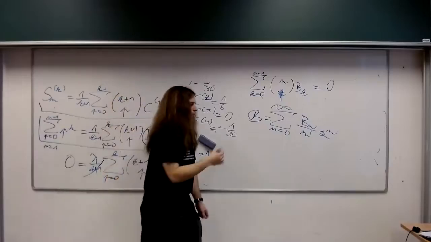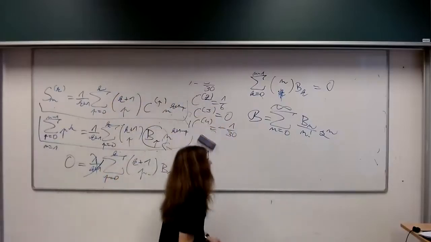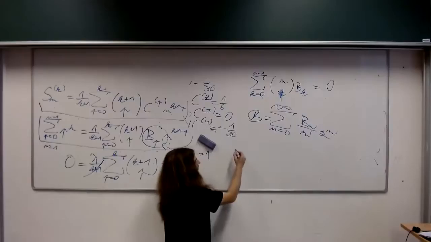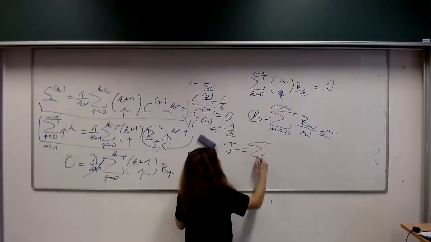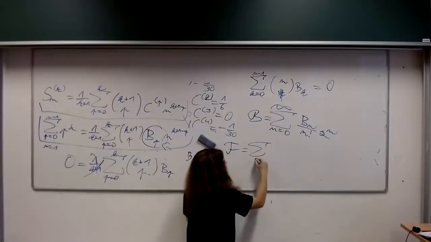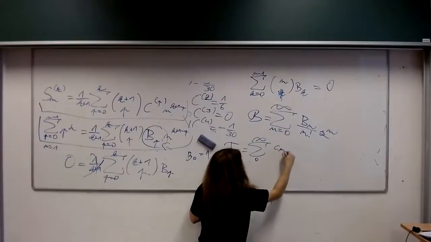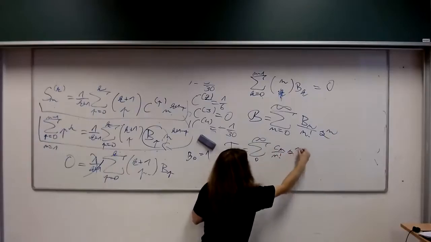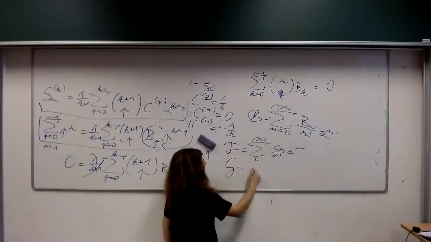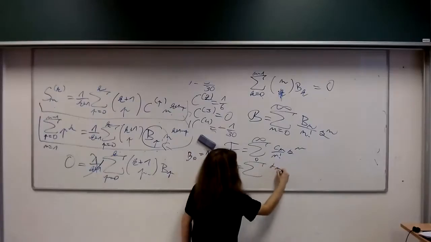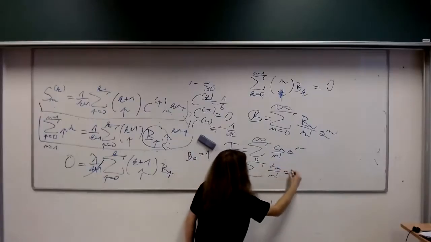And I will just show why, because if we have two such generating functions, let's say F, which is the sum from 0 to infinity of c_n over n factorial times z^n, and then we have a G, which is a similar series.